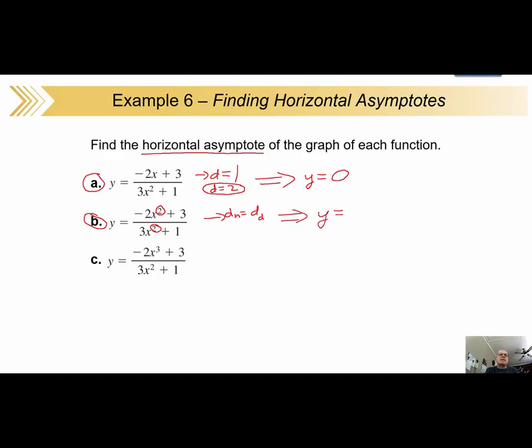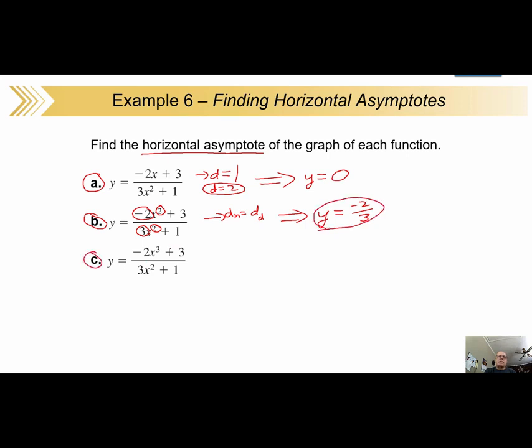Now you go back and see, okay, these had the same degree. Now we'll look at the coefficients. And the coefficients are going to give us our horizontal asymptote. Just strip away the rest of the top and the rest of the bottom, and there is your horizontal asymptote.